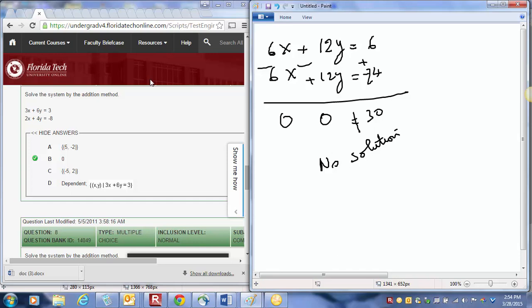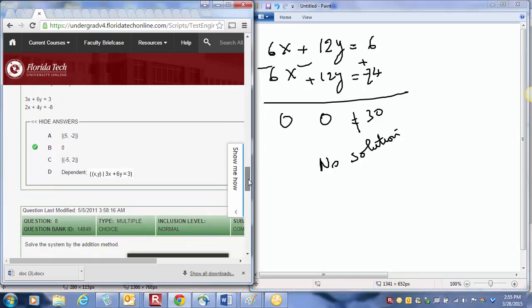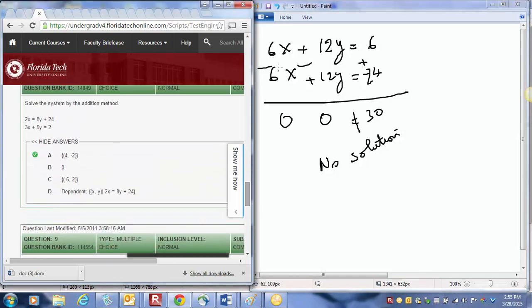If you find the slope of the first line, which is minus 3 over 6, which is minus 1/2, and the slope of the second line, which is negative 2 over 4, which is negative 1/2, they have the same slope, they are parallel, no solution. So here 0 stands for no solution. Since the two lines are parallel, they don't intersect. Next problem.